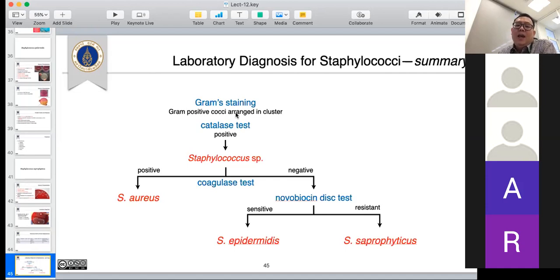If coagulase negative but novobiocin sensitive, that's epidermidis. If novobiocin resistant, it means Saprophyticus. That's the conceptual key to diagnose Staphylococci.